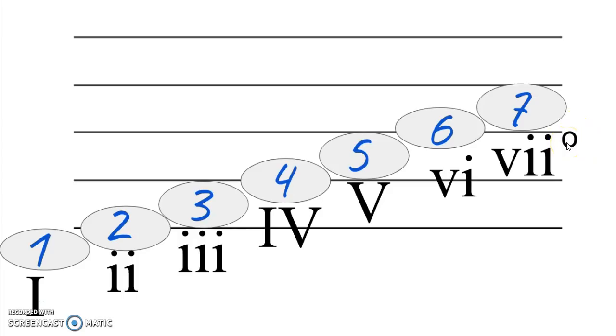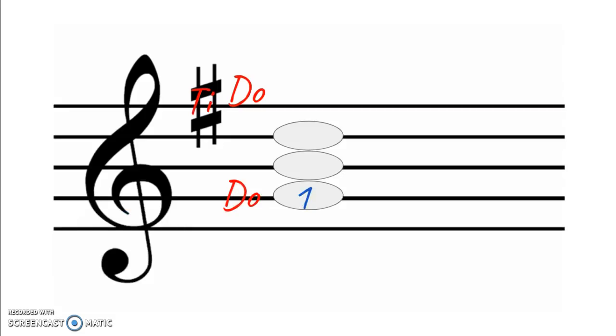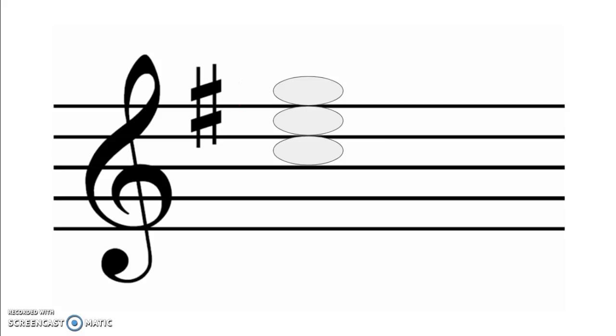On your quiz, it might have in parentheses, like dim or something like that, just because of the font won't let me do that. But usually, you see a little circle there, which means the 7 is diminished. So if we knew this is a 1 chord because it started on do, we would label it with a 1. We're going to practice that process several more times, and that's all there is to it.